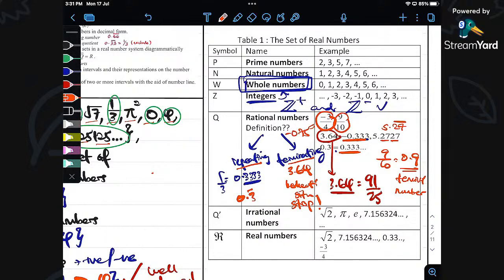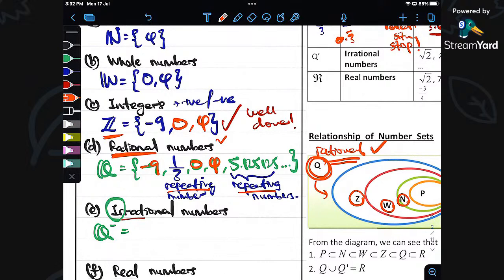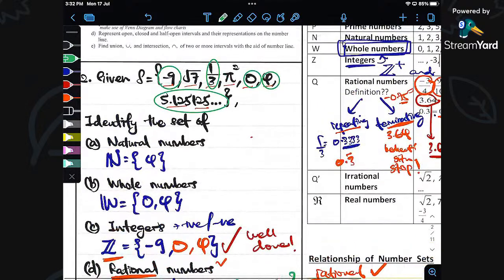So 0.75 is what? Is terminating number. So both of these repeating numbers and terminating numbers are the example of rational numbers. Okay? Itulah contohnya. Manakala yang terakhir, second last lah, adalah irrational number. Irrational numbers is just other than what I bulatkan di sini.